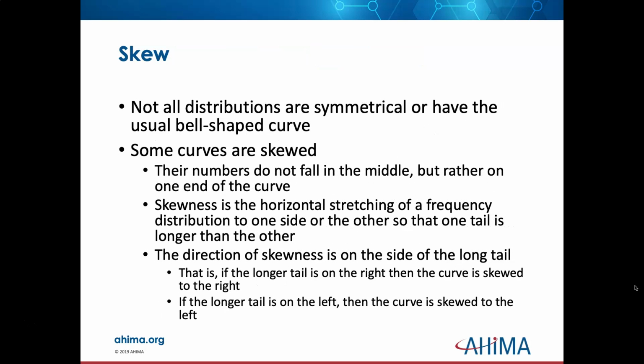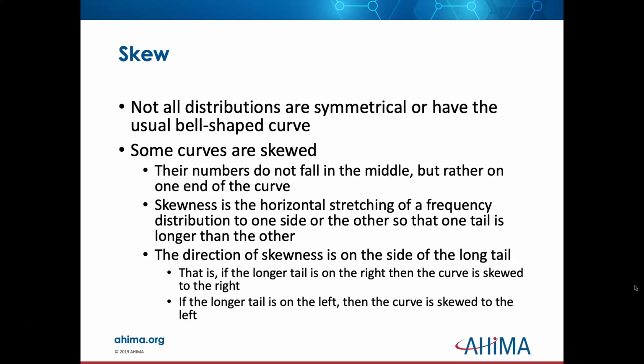Skew. What does it mean when your data is skewed? Not all distributions are symmetrical or have the usual bell-shaped curve. So what does that mean? It means that they're skewed. Their numbers don't fall in the middle, but rather on one end of the curve. It's the horizontal stretching of a frequency distribution to one side or the other so that one tail is longer than the other. And the direction of the skewness is on the side of the long tail.